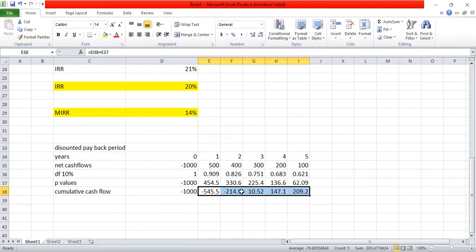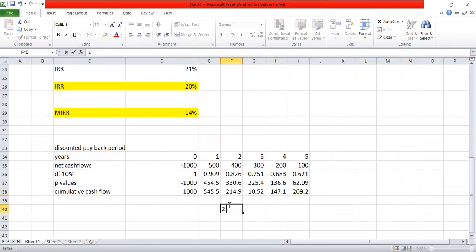Because in the second year, the cash flows were negative, but in the next year, these are going to be positive. So you will take the 2 years complete. And for this, you will have 214.9 divided by 225.4 multiplied by 12. So guys, this is 2 years and 11 months.